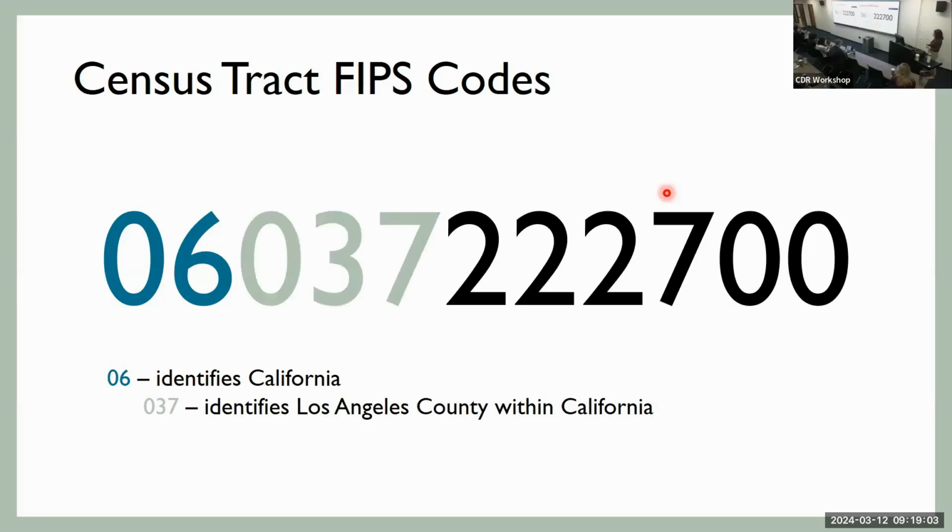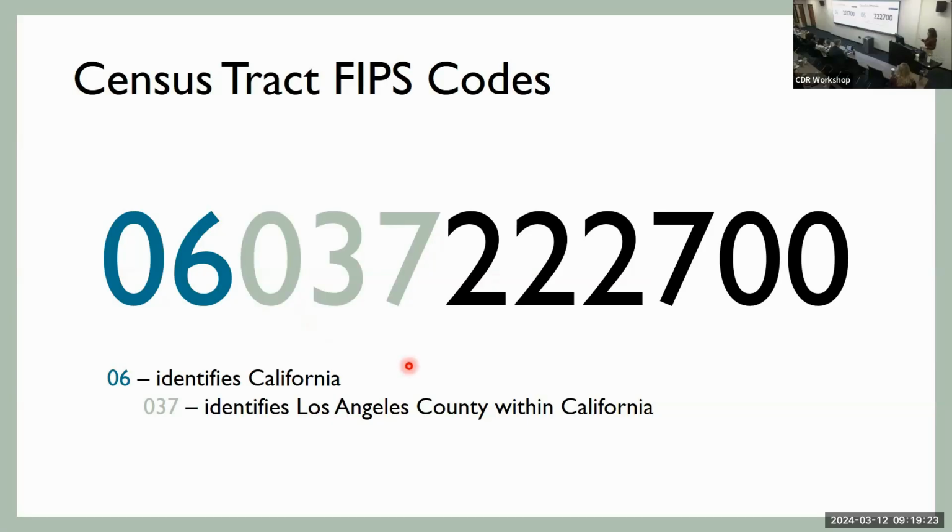The next 3 digits of the FIPS code refer to the county within the state that the census tract is located in. If you have a 3-digit county FIPS code, that does not uniquely identify counties in the United States.